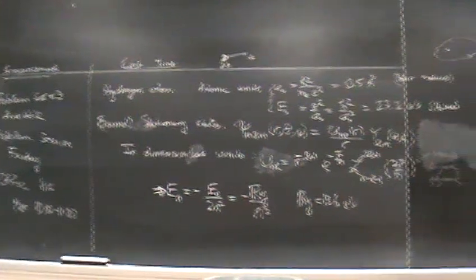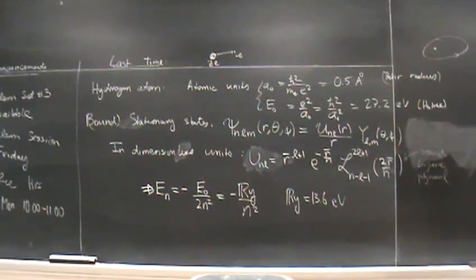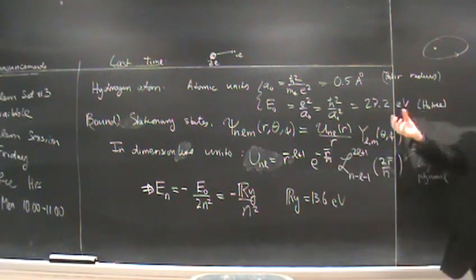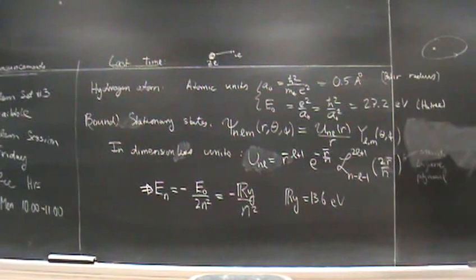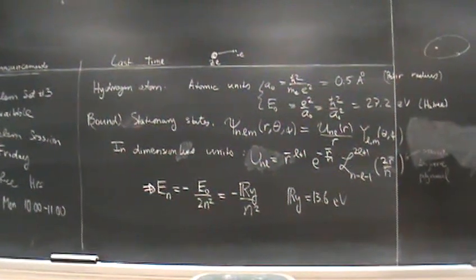I mean, historically, what people saw, Lyman in 1906, looked at the spectra of hydrogen in plasma tubes and saw there was a Lyman alpha series, right?